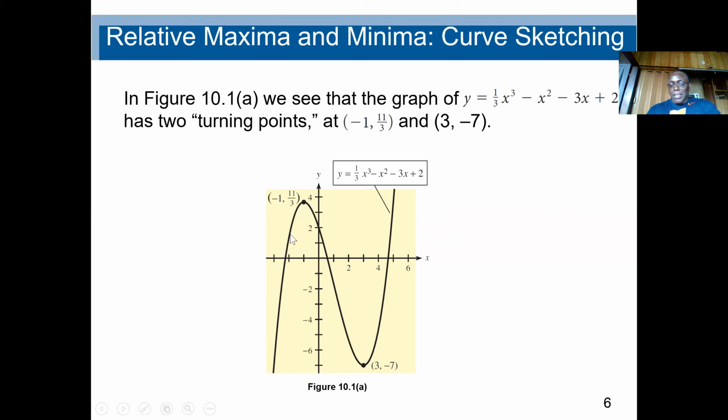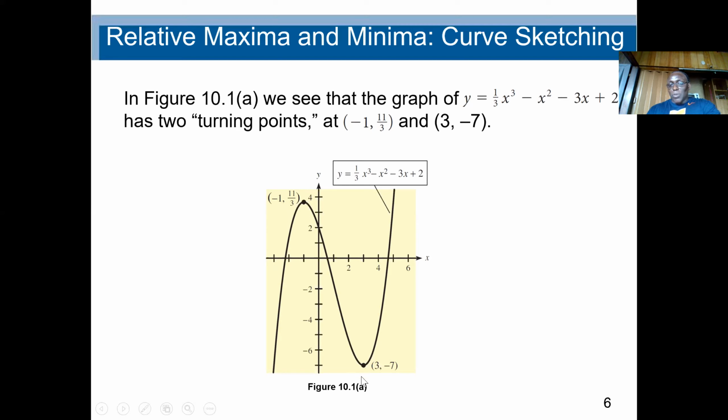Again, you follow my cursor on the screen. We can see that this graph is increasing, then it turned, and when it turned, it went down, decreasing. Now, the relative minimum, or minima, we can see that we go from decreasing to increasing. So in this graph, we have 2 turning points, the relative maximum and also the relative minimum.